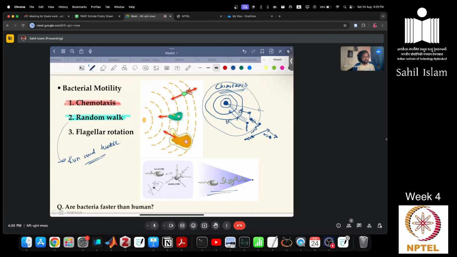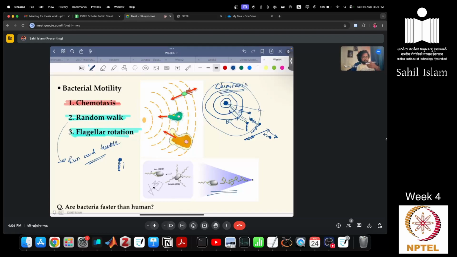And the last one is flagellar rotation. So what is flagellar rotation? It has this flagella, like this is the flagella part, and it flaps it. It's like when you are boating and you move the paddle around, it puts force on the medium, the water, and helps you move.